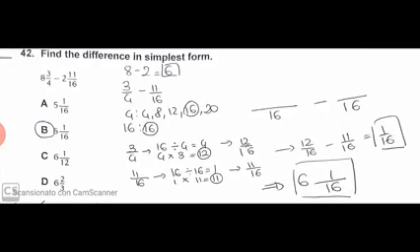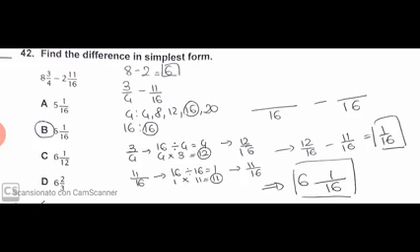Number 42. We want again to find the difference. So we have 8, 3 over 4 minus 2, 11 over 16. We make the difference of the whole numbers. 8 minus 2 equals 6. And then we make the difference of the fractions, 3 over 4 minus 11 over 16. We write the times table of 4 and 16.